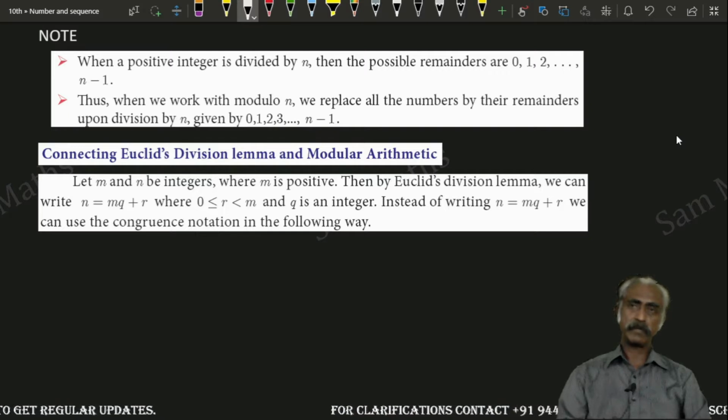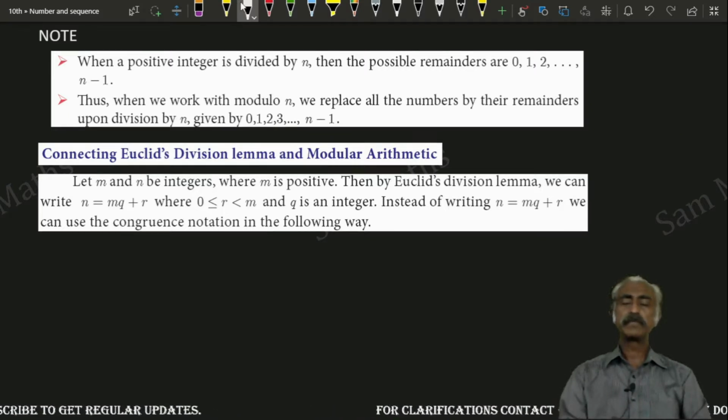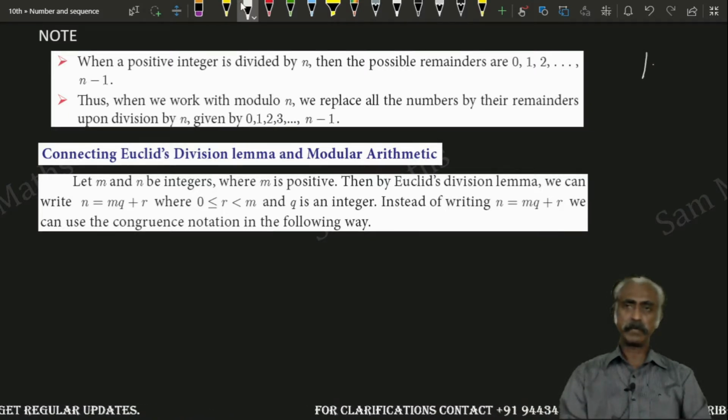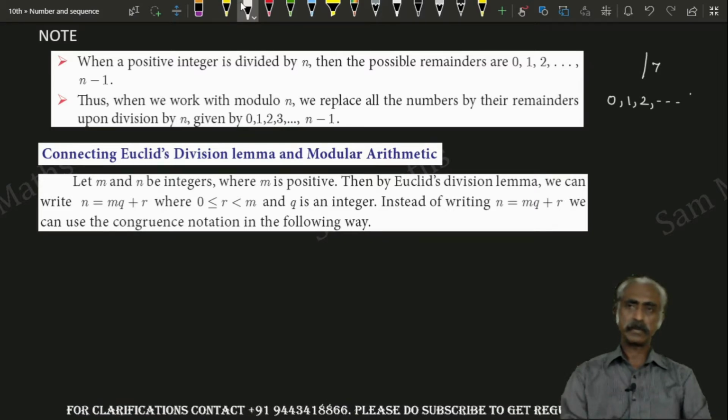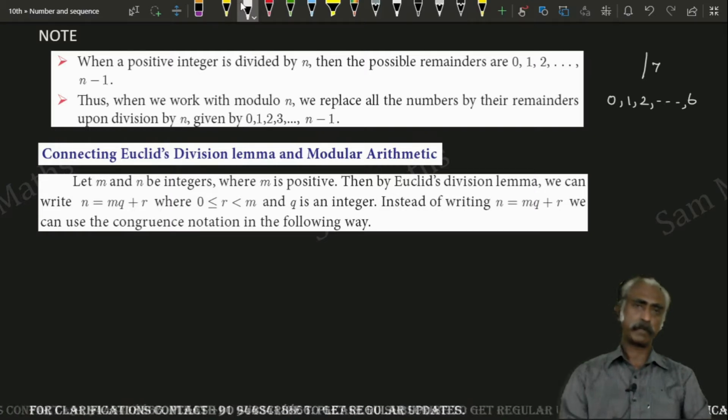What is the meaning of this? For example, suppose I am dividing by 7, the possible remainders are 0, 1, 2, up to 6. Are you clear, children? Always the remainder will be less than that value n.